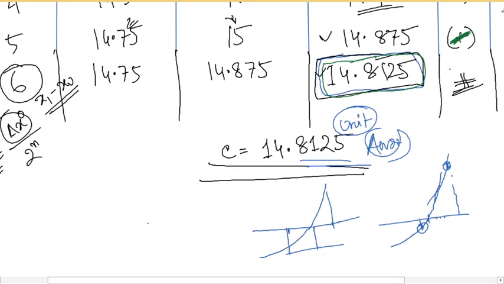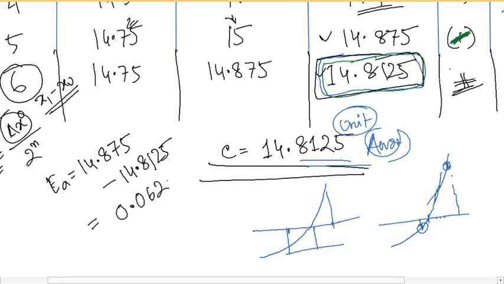So the absolute error in our case will be EA equals 14.875 minus 14.8125, which equals 0.0625.